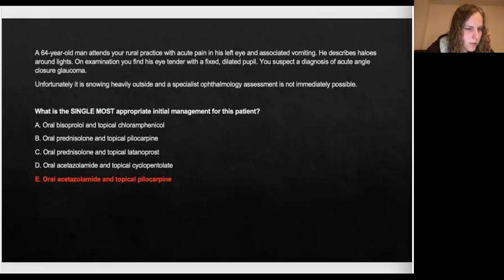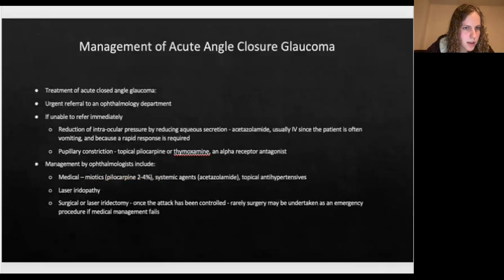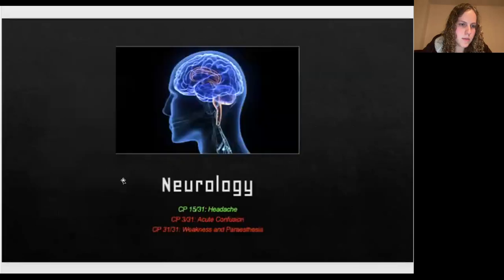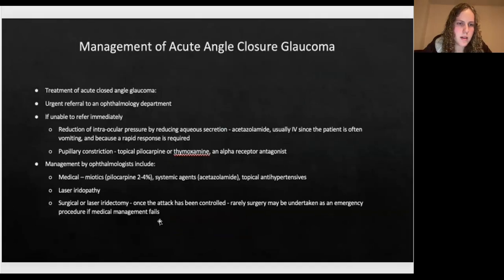I don't really have a diagram here, or maybe I do. Oh yeah, so we've got acetazolamide, which reduces the intraocular pressure by reducing aqueous secretion. And then topical pilocarpine causes pupillary constriction, which opens the angle of the eye.